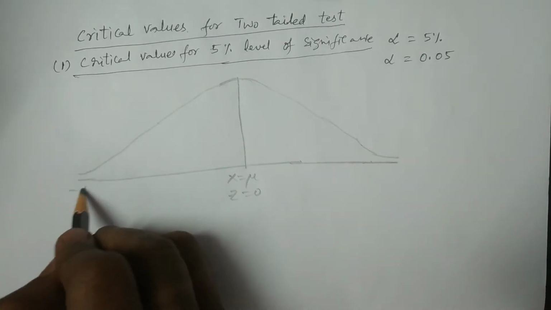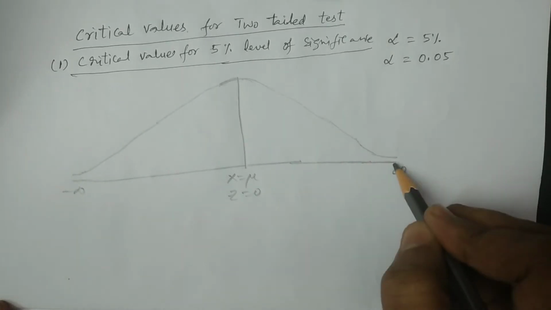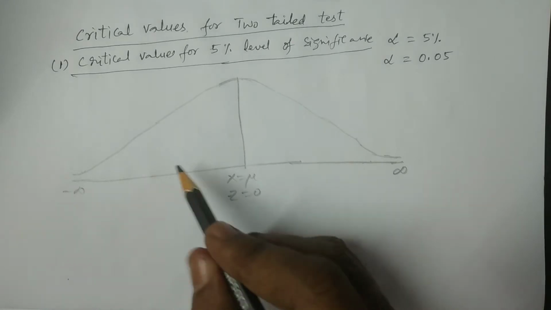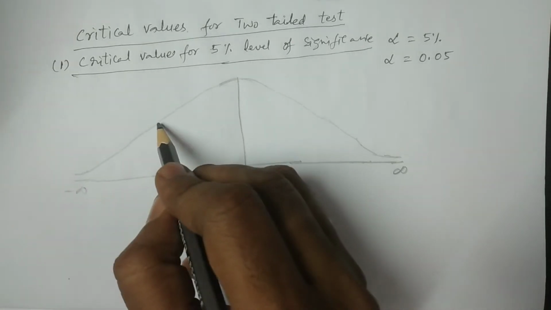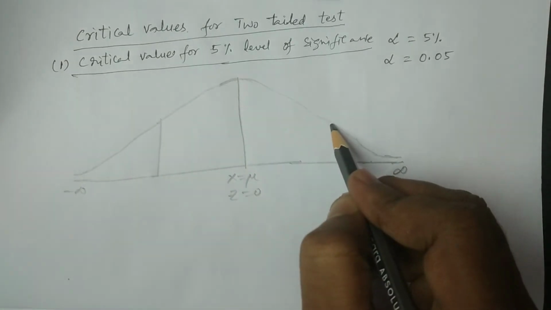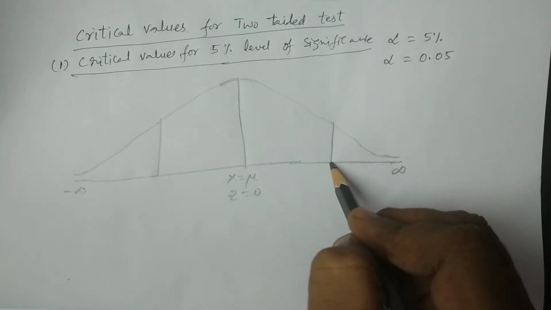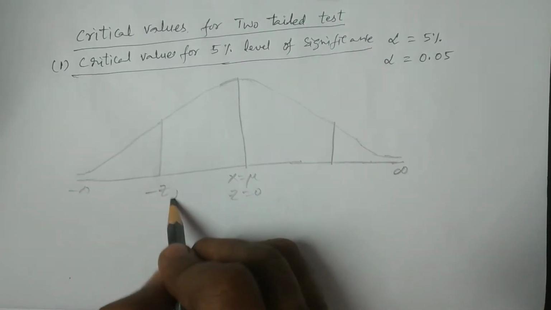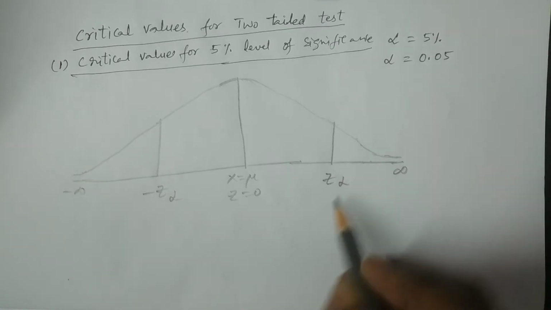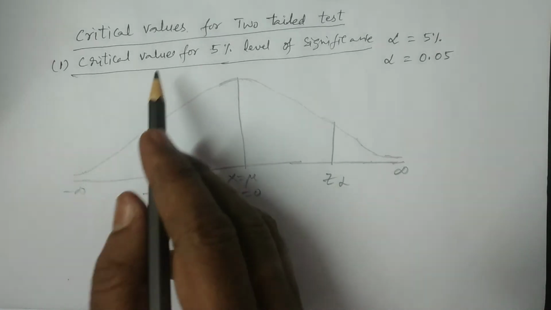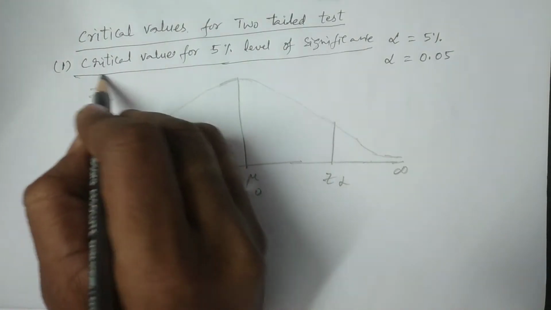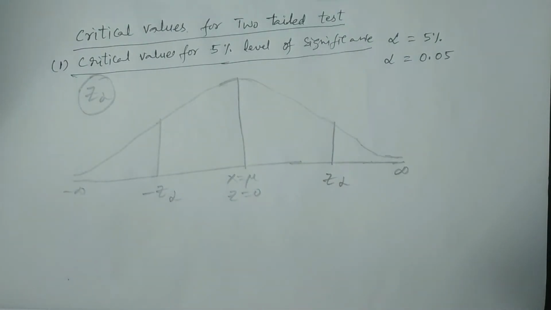The curve extends from z equal to minus infinity to z equal to infinity. Now I am considering two particular values: on the left-hand side minus z alpha and on the right-hand side plus z alpha. Z alpha is nothing but the critical value.